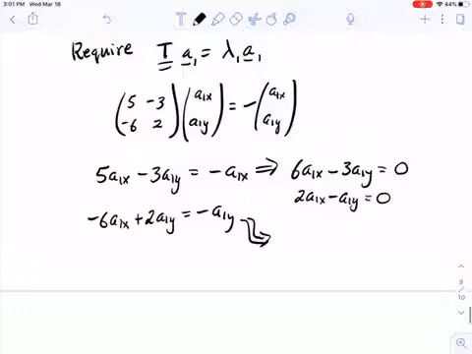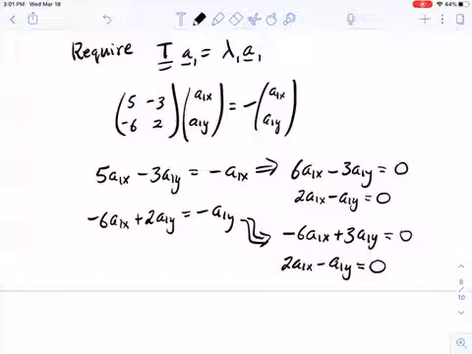For the second equation, we have A1y on both sides, so we would get minus 6A1x, and let's add A1y, plus 3A1y is equal to 0. This time, let's divide by minus 3. So we would get 2A1x minus A1y is equal to 0. And so what we find is that both of the equations lead to the same condition.